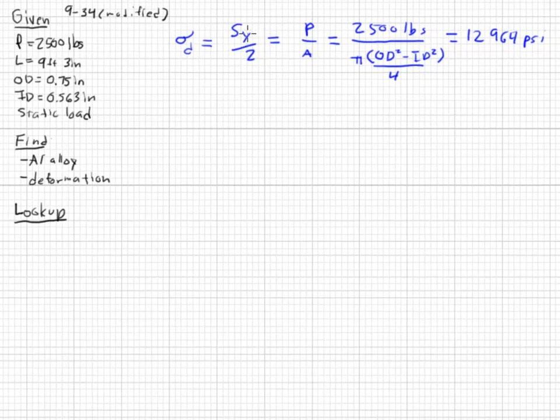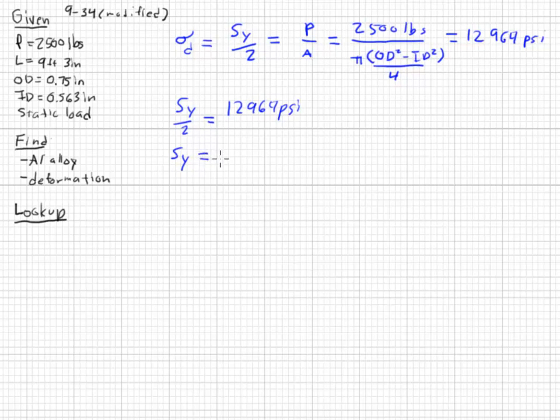So now we need to find a yield strength of a material. SY over 2 equals 12,964 psi. Our yield strength of the material we're going to choose needs to be 25,928 psi. So essentially 26 KSI.